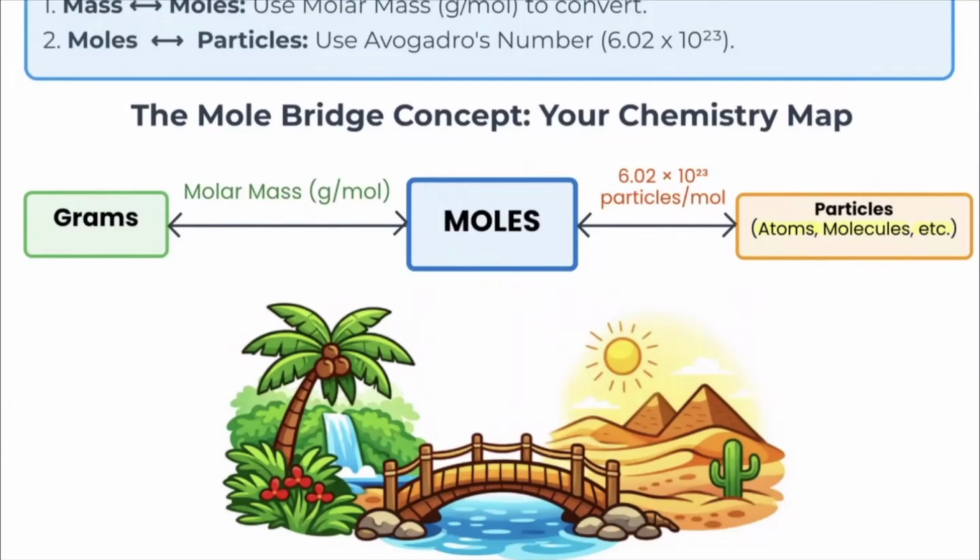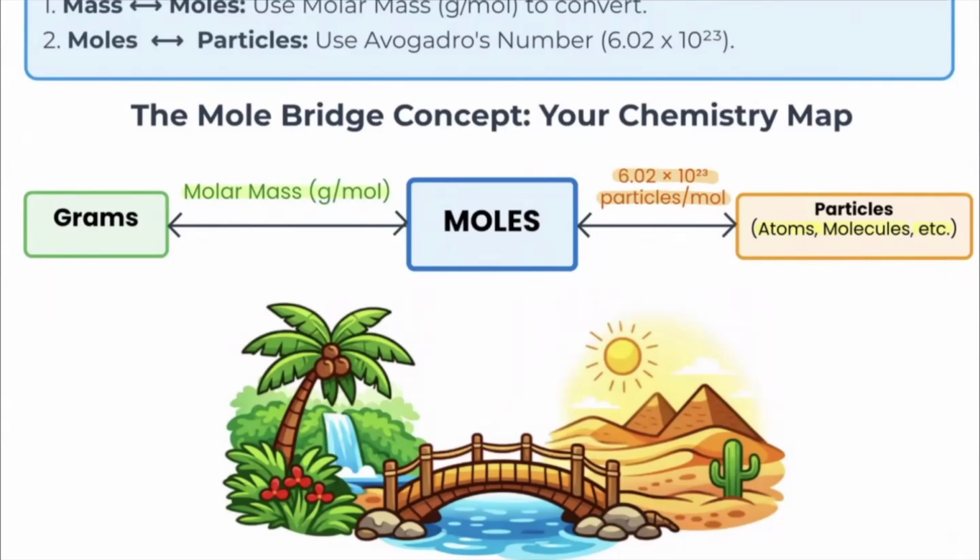And so how this generally works is, let's say you want to go from grams to particles. The flow of your steps should be from grams to moles first, using molar mass, and then you go from moles to particles using Avogadro's number. And it doesn't matter what those particles are. Again, it can be molecules, atoms, formula units, ions, it doesn't matter. Particles are particles. You use Avogadro's number.